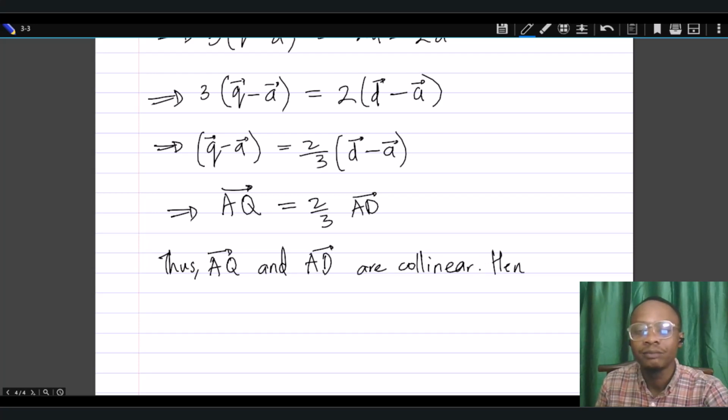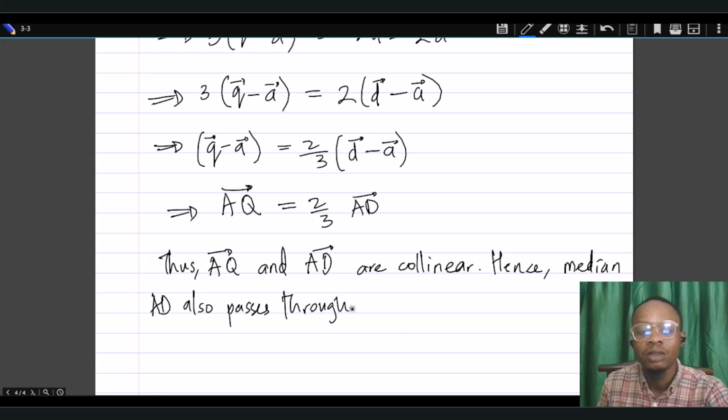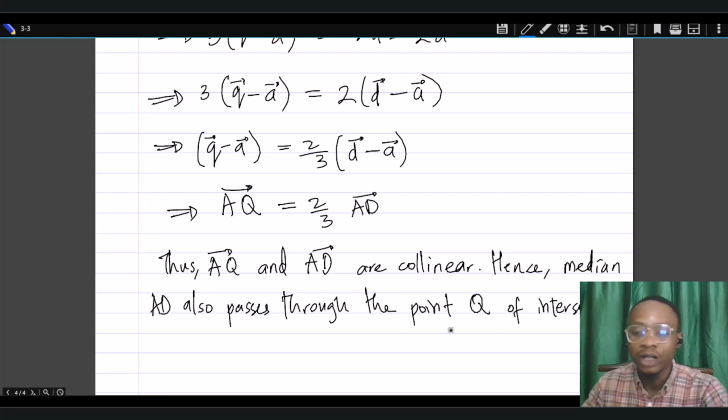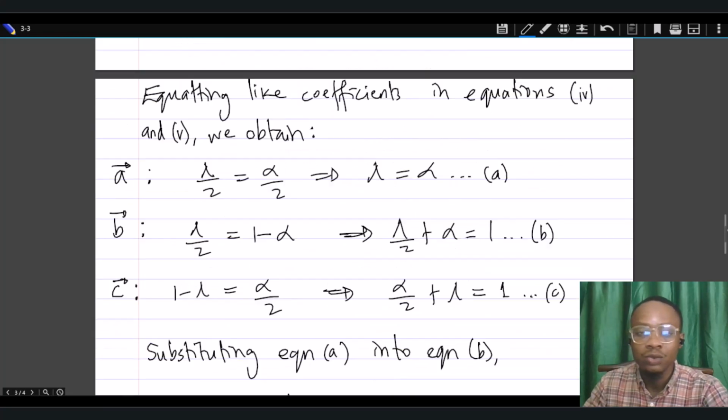Hence, median AD also passes through the point Q of intersection, don't forget, of B, what with the other two medians?